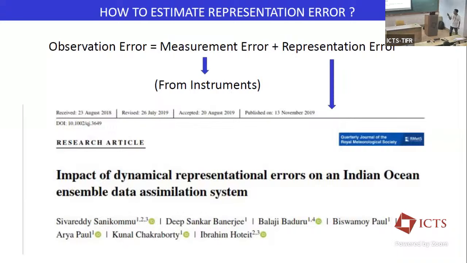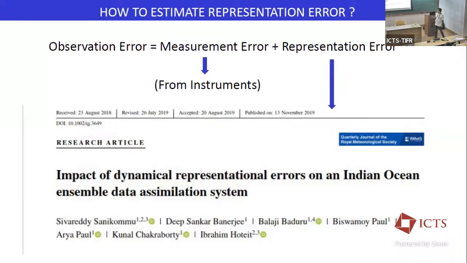Some people call it representation error, some people call it representative error. There are various nomenclatures here. We'll use representation errors, RE.